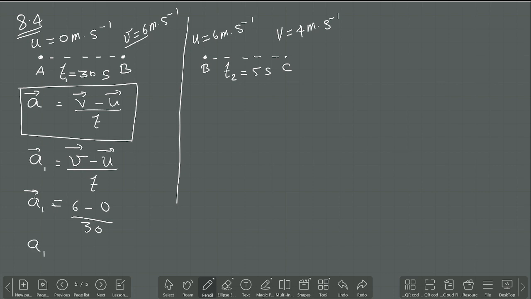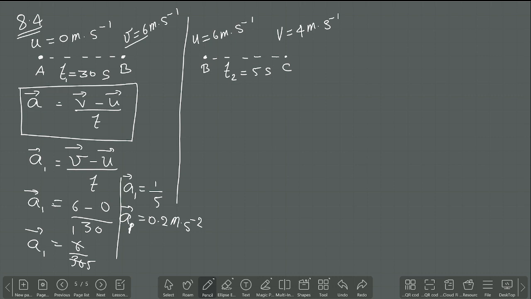So A1 is equal to 6 minus 0, 6 by 30, 1 6 are 6, 5 6 are 30. So A1 we obtained as 1 by 5. What is the answer of 1 by 5? A1 is equal to 0.2 meter per second square.